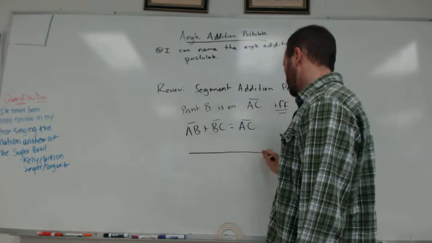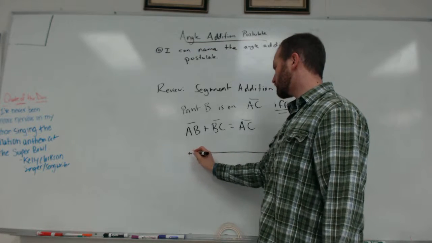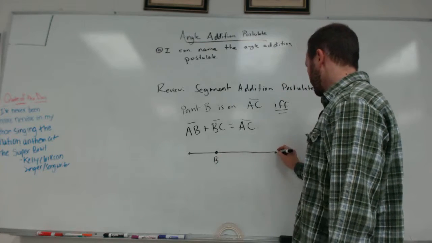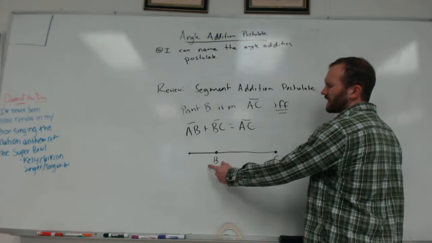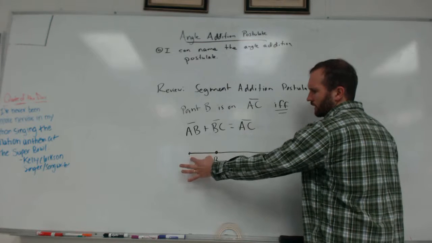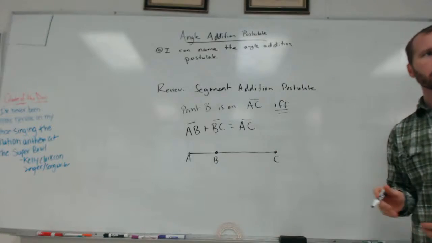The diagram to represent that was like this. Here's our point B. We know that it's on this line segment if this plus this equals this length.